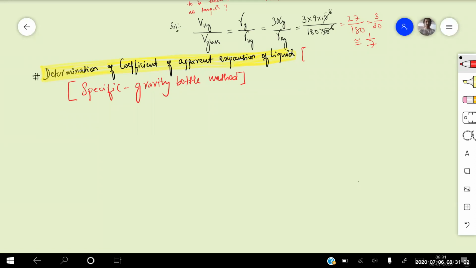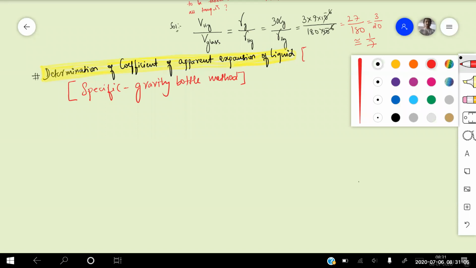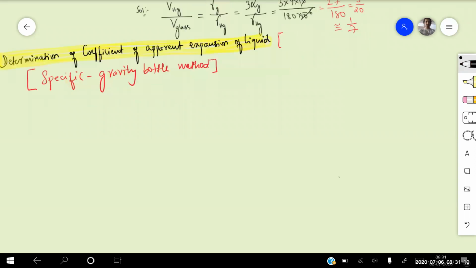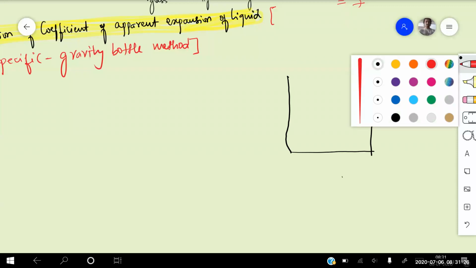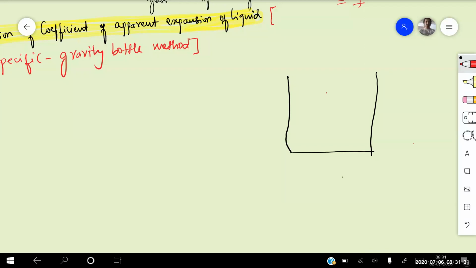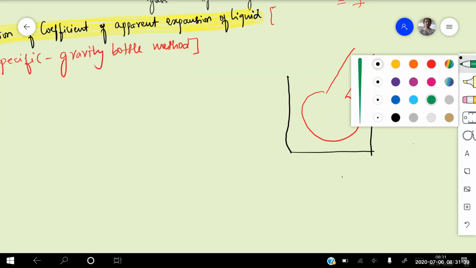So we need to draw the diagram for this one. I'll use the black pen only, so the diagram becomes clear. Now see here, this one is your container. In this container there is a vessel like this, and it is filled with liquid.